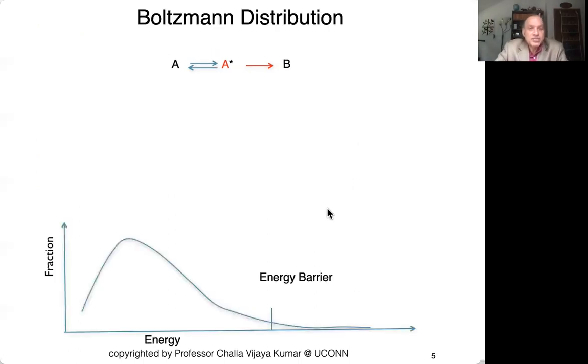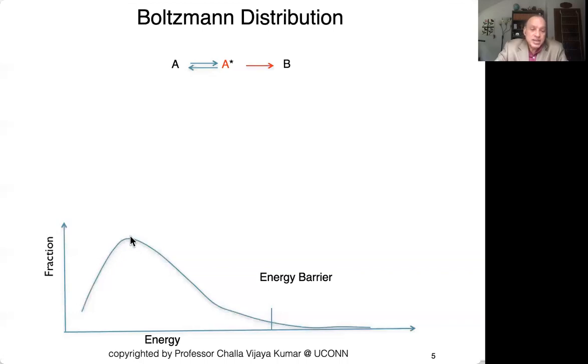And so what we do now is recall the Boltzmann distribution qualitatively. What the Boltzmann distribution is telling us is that as we move towards higher energies, there is an increase in the fraction of molecules having higher and higher energies.